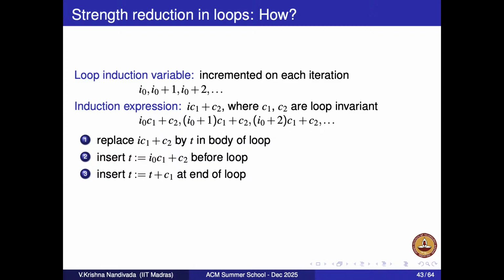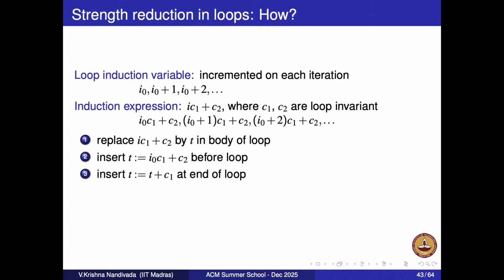What does it mean? The values they will get are, first, I0 C1 plus C2. Second is I0 plus 1 times C1 plus C2. Then I0 plus 2 times C1 plus C2. So if I have an induction expression in the loop, I can do something.